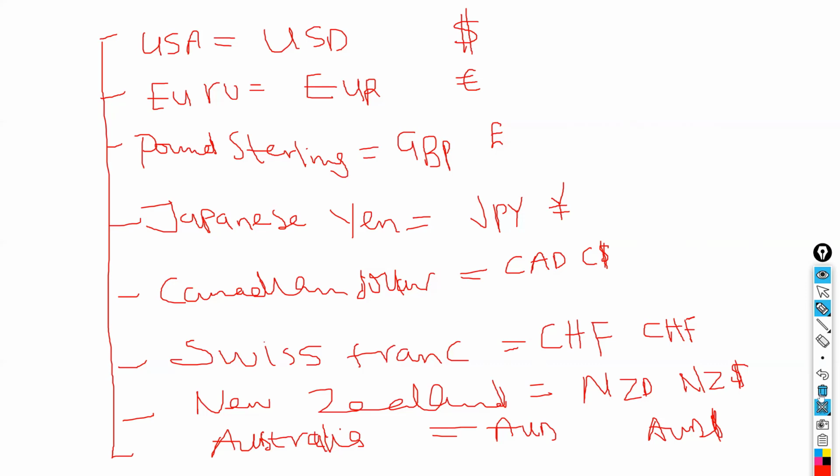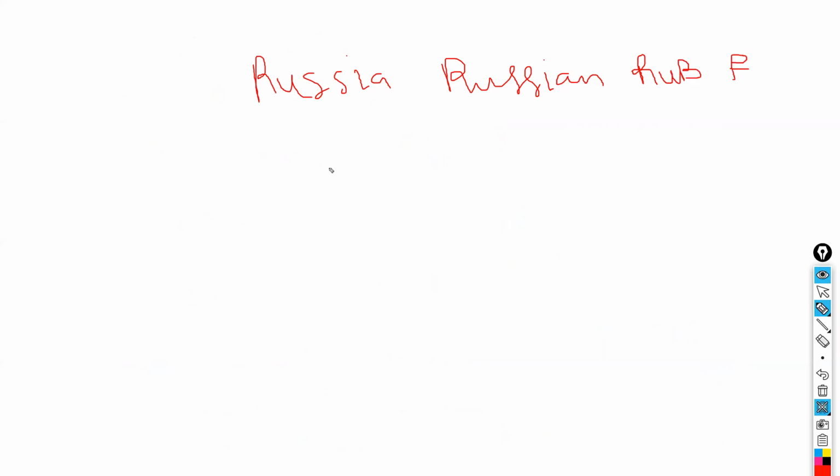Now, examples of the exotic currency pairs, we have the Russian ruble, that is Russia. Actually, you don't need any of these currency pairs unless you want to trade the exotic currency pairs.